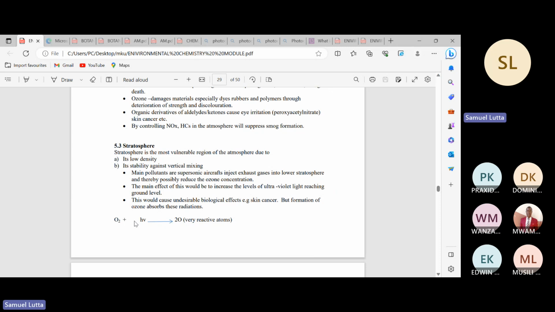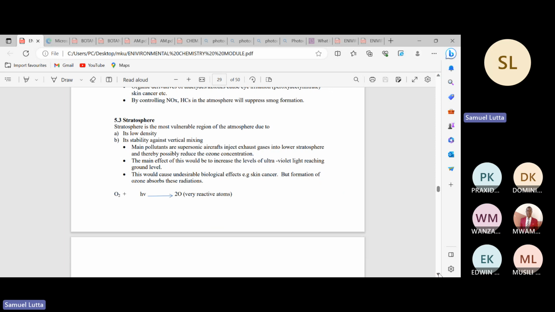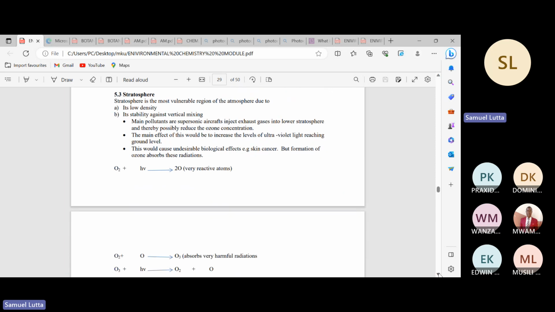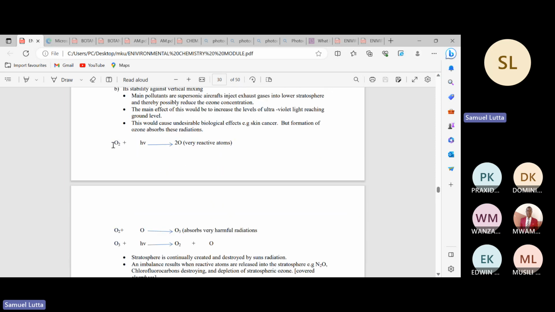So we are saying that ozone is a good gas because when it is in the atmosphere, it prevents us from getting into contact with harmful UV radiation. And when you create those holes, the holes will make the atmosphere come into contact with this harmful radiation. So remember, we said this is what happens when you have UV.